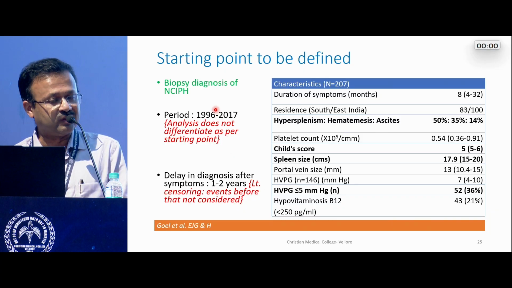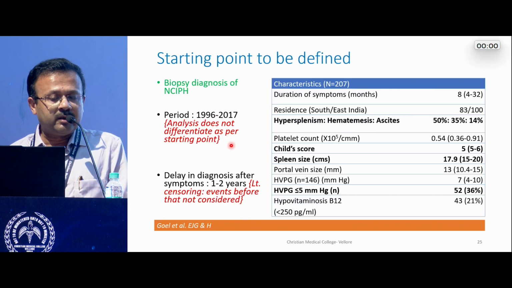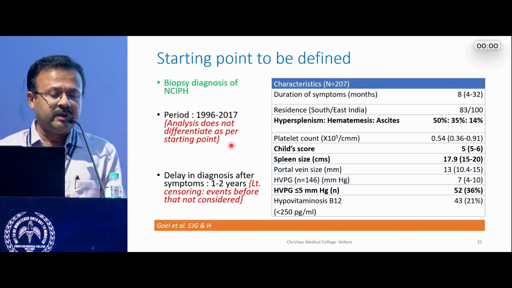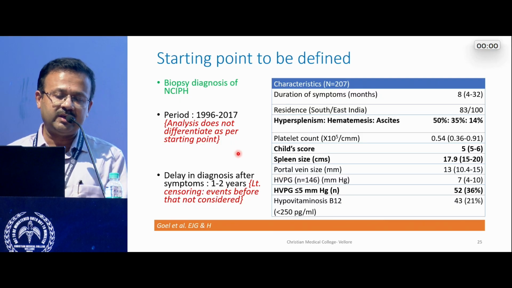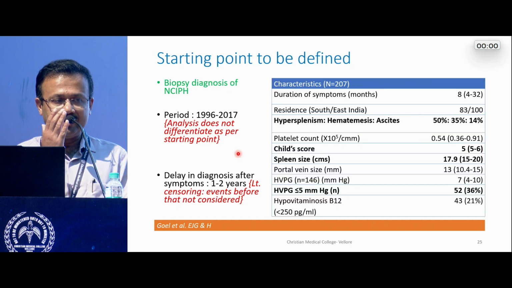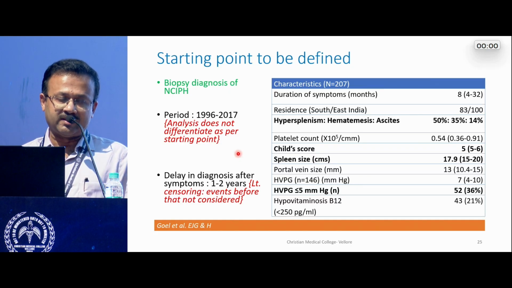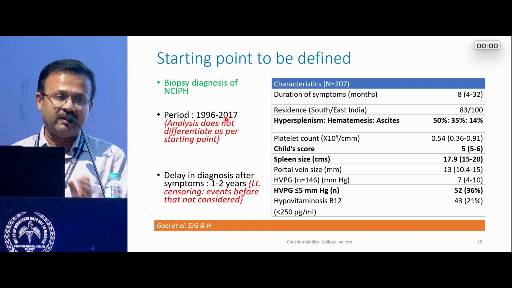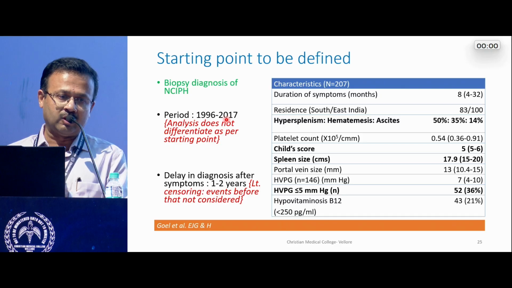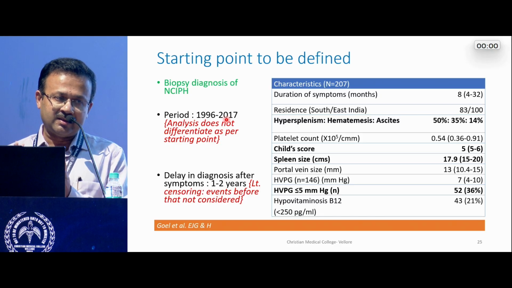Again, the period of recruitment was over a long period of time, 1996 to 2017. But when you analyze, you always analyze with a single starting point for all these patients. The treatment may have changed over a long period of time, the prognosis may have changed, but the analysis limitation is that it will start at a single line.